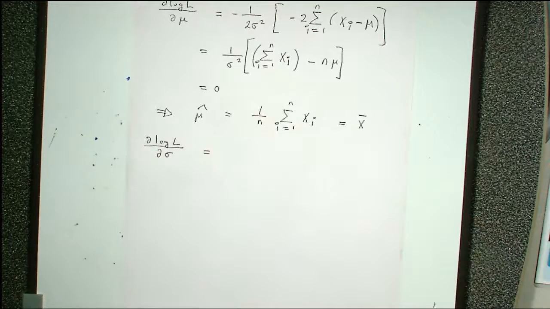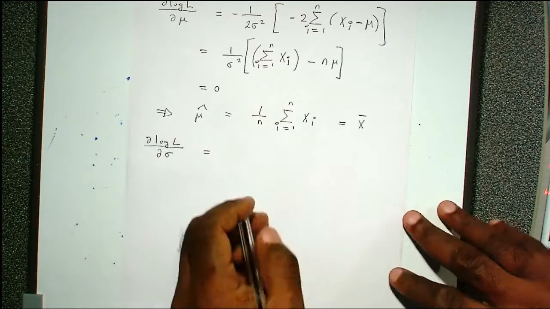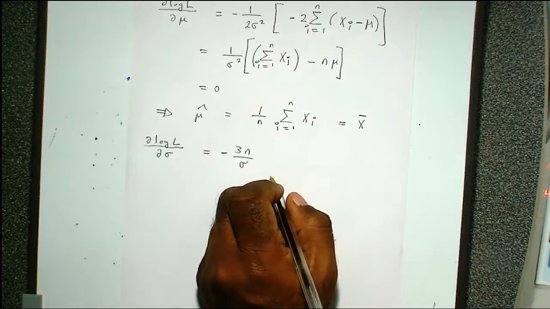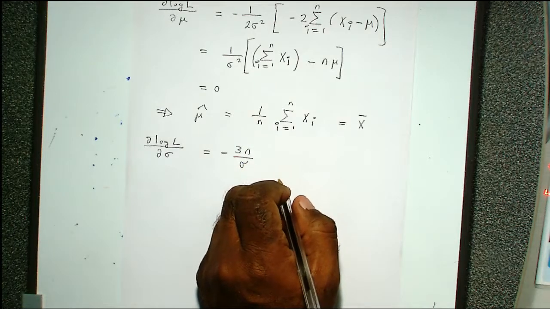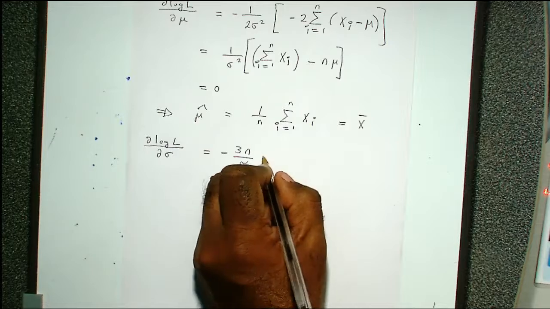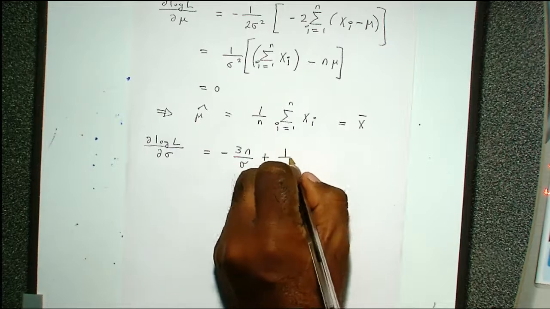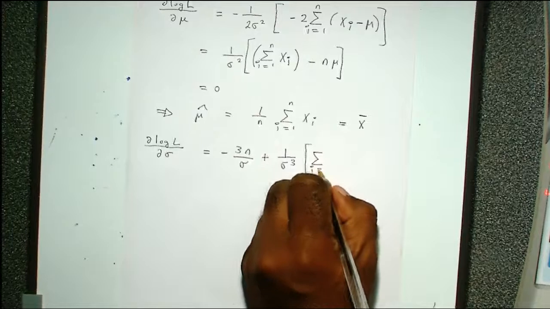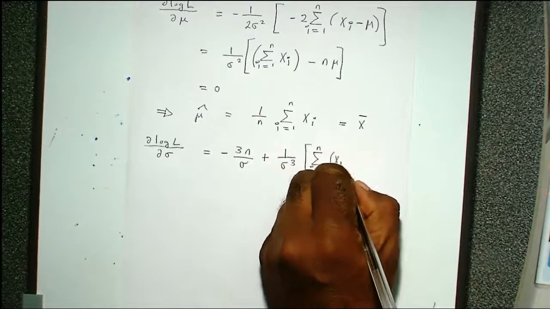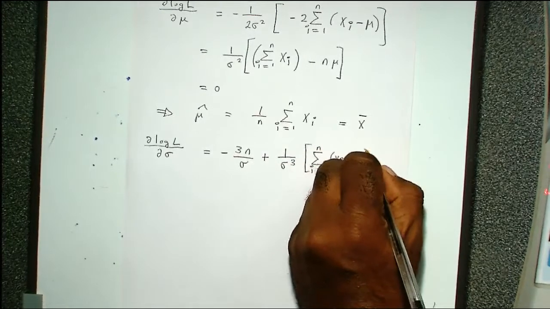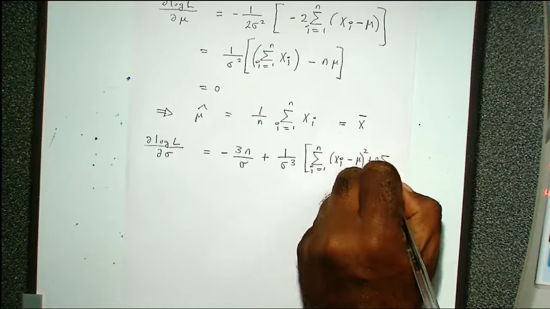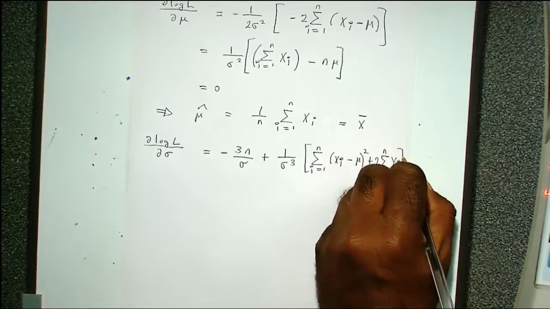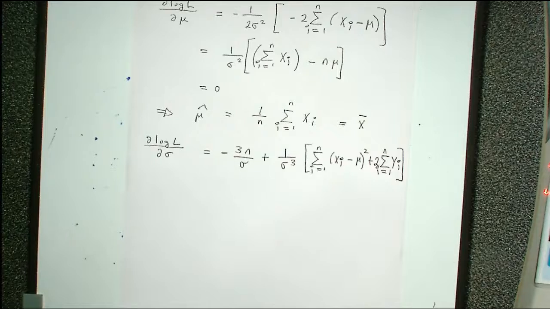So you differentiate this with respect to sigma, you get this, and the derivative of this with respect to sigma is going to be plus this.